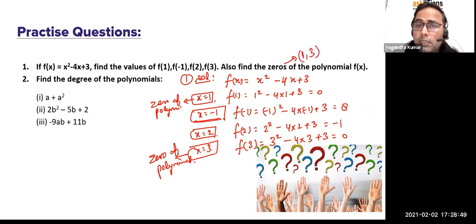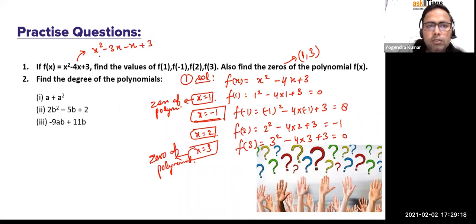Now you can say, sir, you luckily got here, but if we don't know this, how should we do it? No problem, that method also I'm going to tell you. You can factorize this using the splitting middle term method. We are going to see this later on also, but I'm just telling you. X square minus 3x minus x plus 3. We break down this 4x, the middle term, as 3x and minus x.